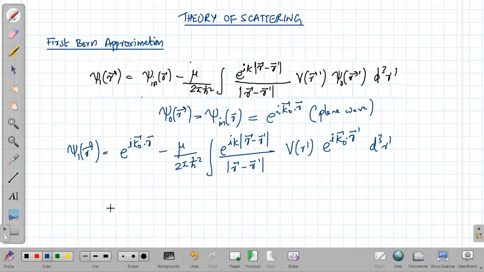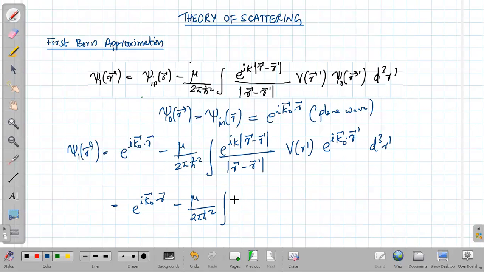Now we can simplify this in our next step. So e raised to i k0 dot r minus mu upon 2 pi h cross square integral.